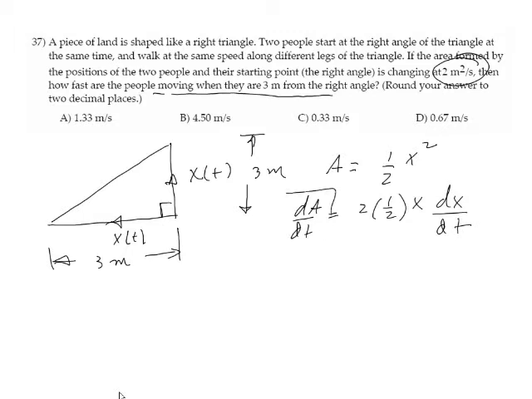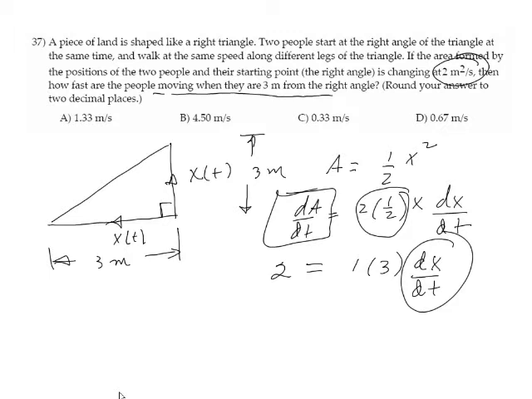We are told that dA/dt is equal to 2 meters squared per second. That's equal to 1 times x, and we say x is equal to 3. So dx/dt, which is what we want to solve for, is equal to 2/3, equal to 0.67 meters per second.